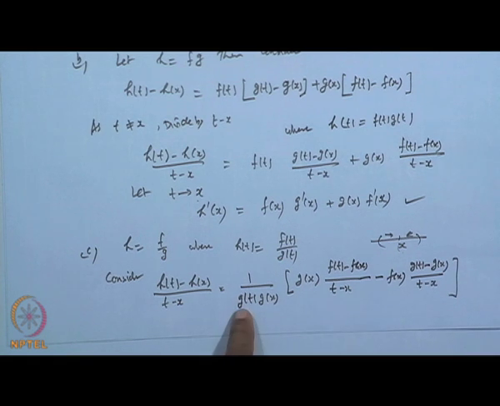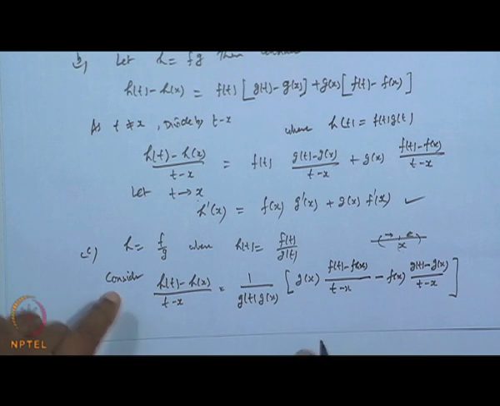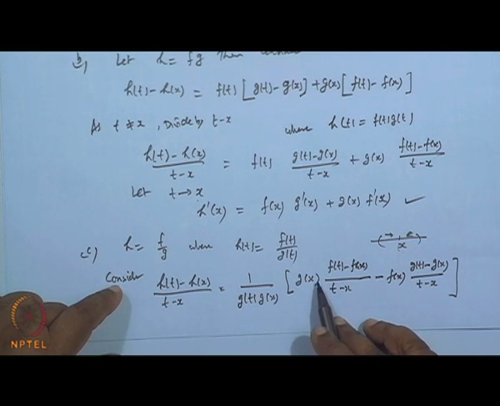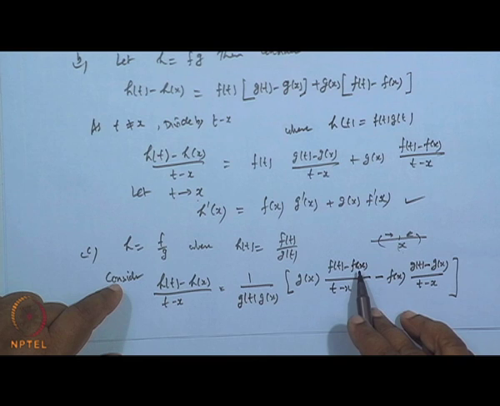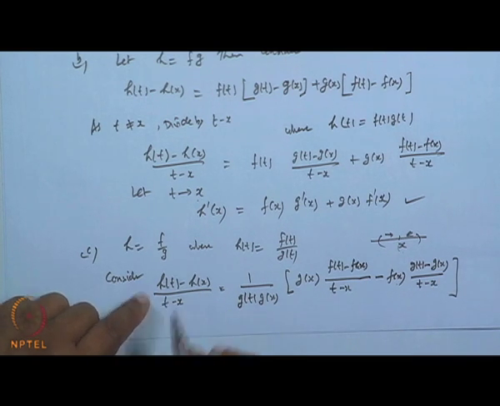Now, you see t minus x is outside, then all these things are adjusted. You can just say this g(x) f(x) and f(x) g(x) both get cancelled, and the rest of the things will come from here.